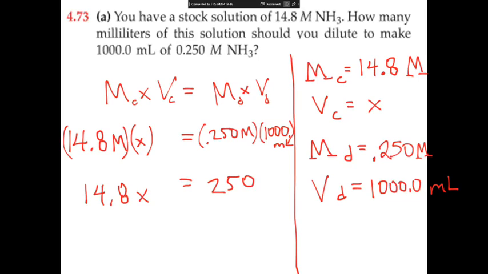And 0.250 has 3 sig figs. So that's why I'm going to go with 3 sig figs. 16.9. So I need 16.9 milliliters of the stock solution.